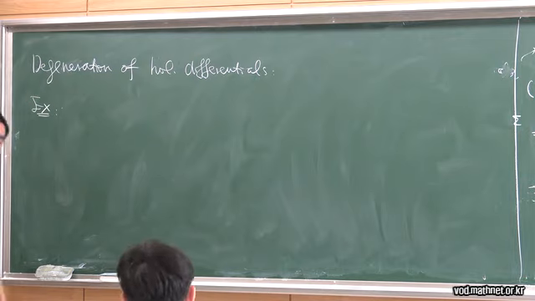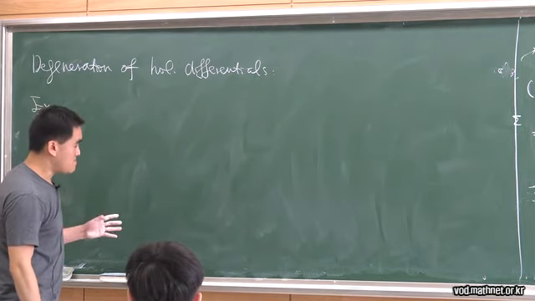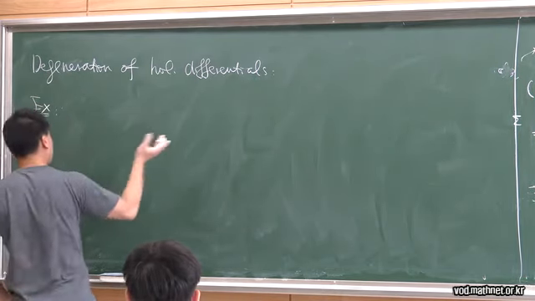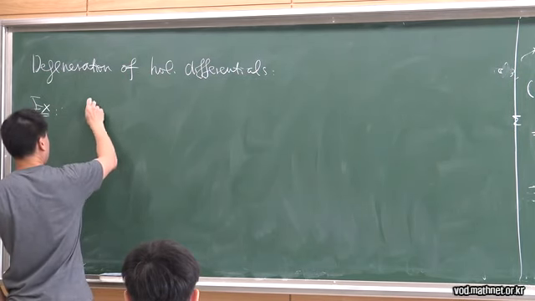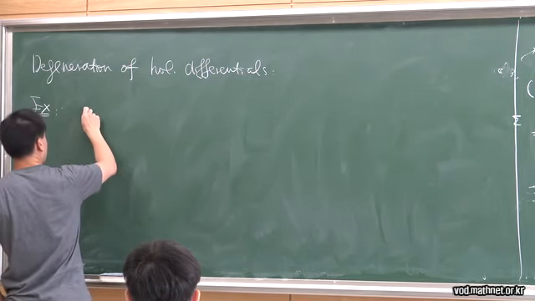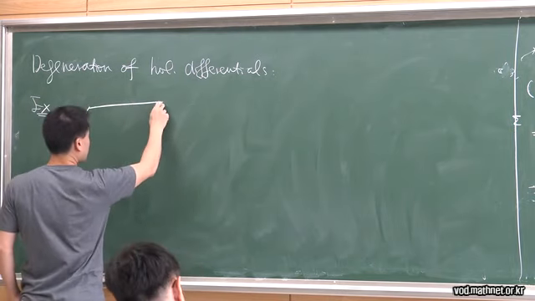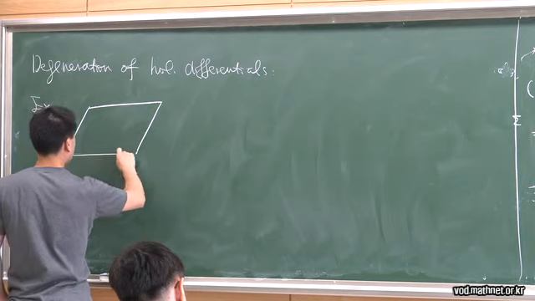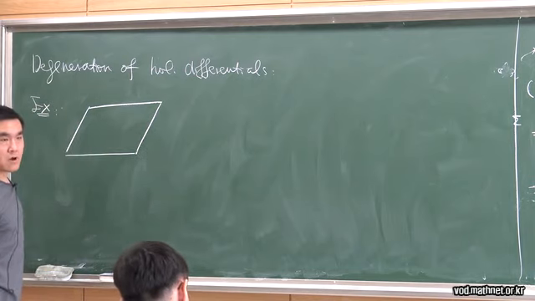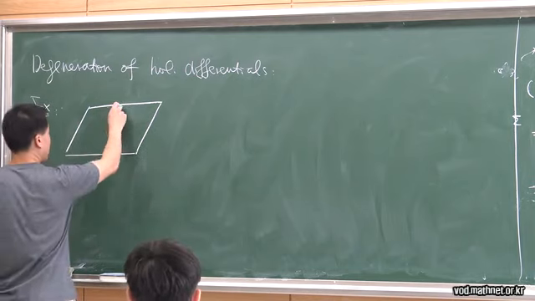Actually, this example, you saw a shadow of yesterday. Let me take a flat surface which looks like the following. I take a big torus with the edges identified in the standard way.